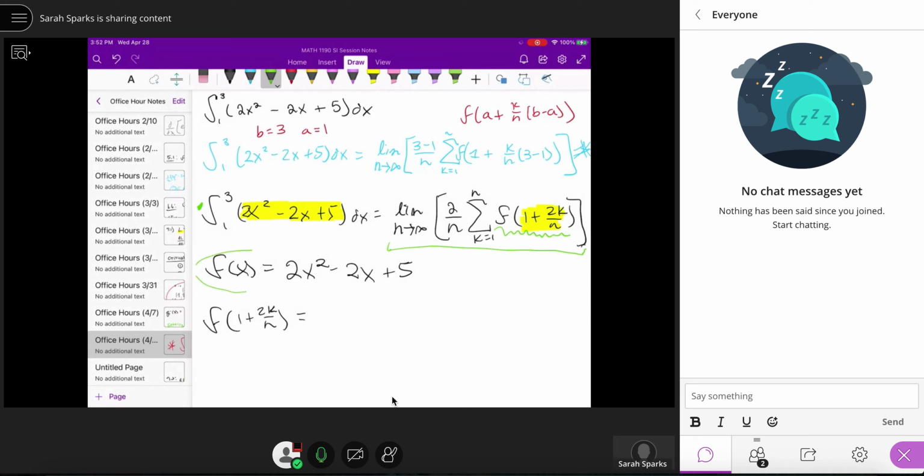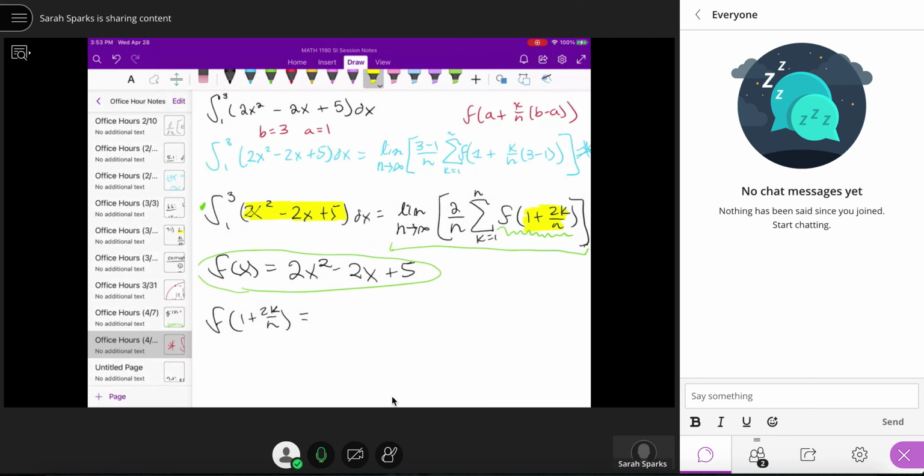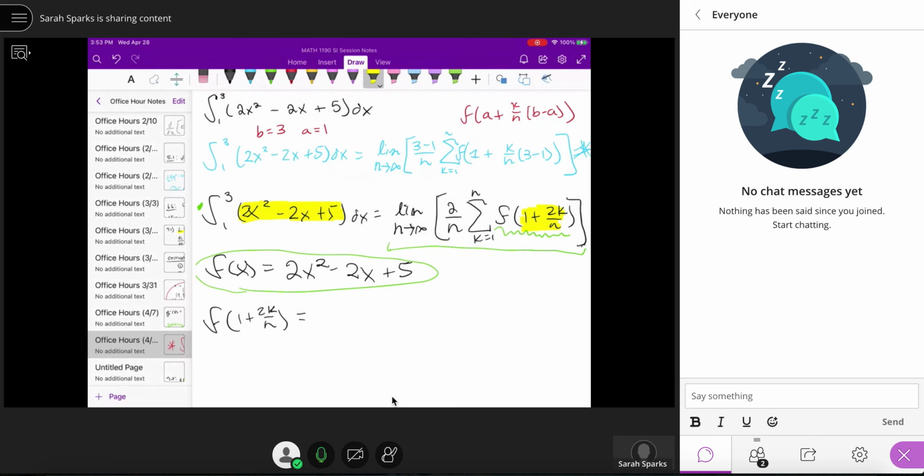And all that means is that we have our function f of x equal to 2x squared minus 2x plus 5. I would recommend that once you get to this point and you've simplified the right side but haven't plugged in the function yet, you write down your function, which is just whatever's on the inside of the integral that you've been given.